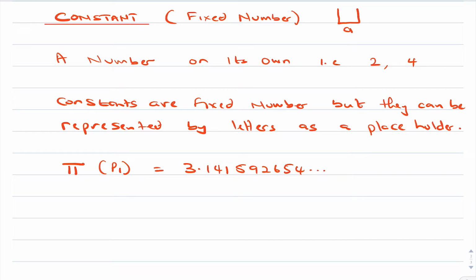But a constant can also be represented as 22/7, and that's roughly 3.142.